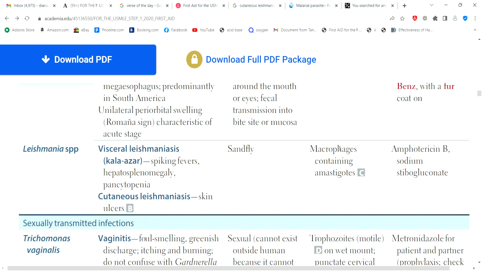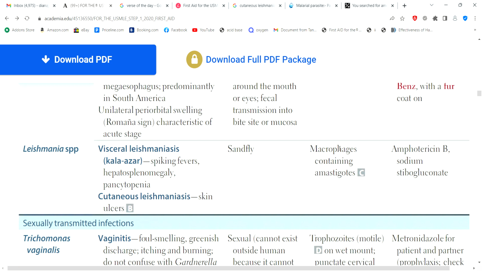If I asked you what disease is caused by the tsetse fly, what are you going to say? It's Trypanosoma brucei, tsetse fly, painful bite.